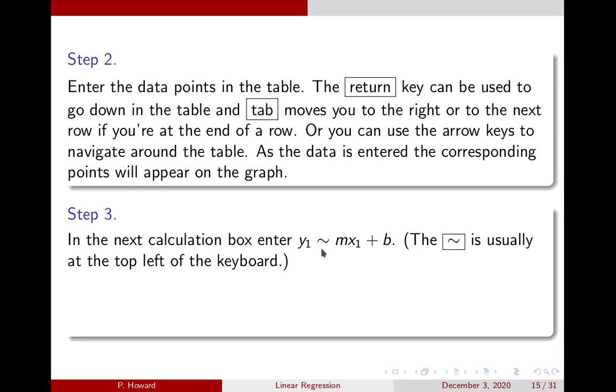There is a key with both the tilde symbol and what's known as a backtick. The second thing is that when you are entering this, you don't have to worry about subscripts. You can simply type a y and then a 1, and then a tilde and an m, an x, a 1, a plus, and a b. And the subscripts will be worked out automatically.